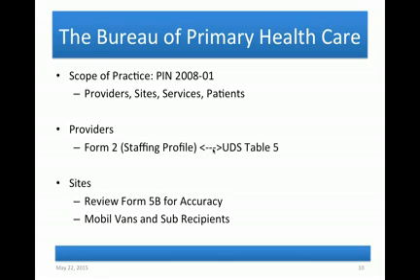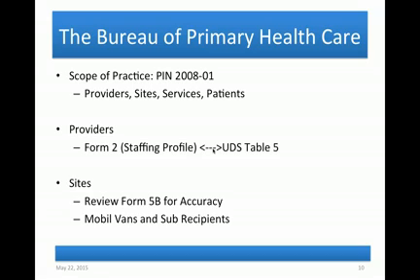The second is sites. All of you are familiar with Form 5B. And during a site visit, those will be reviewed for accuracy. And I would like to say just a word or two about mobile vans and subrecipients.